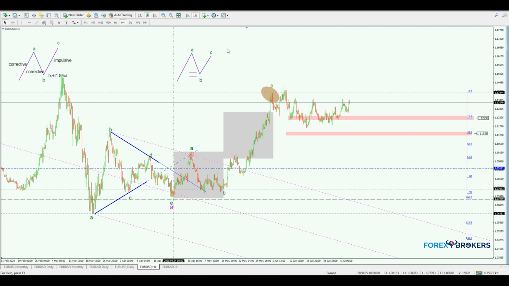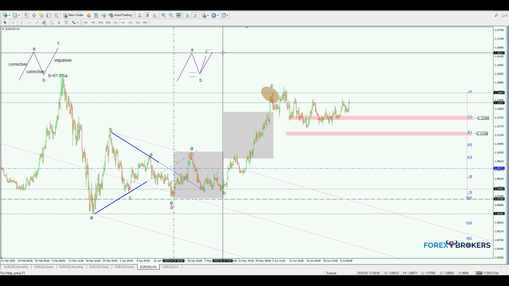Another type of flat in this category is when the C wave goes and retraces wave A fully, but not much more than 123.6, or 138.2, let's say.